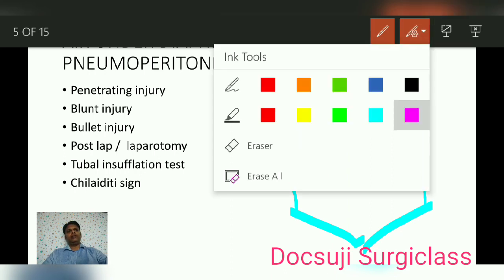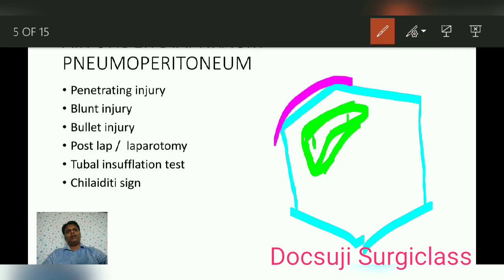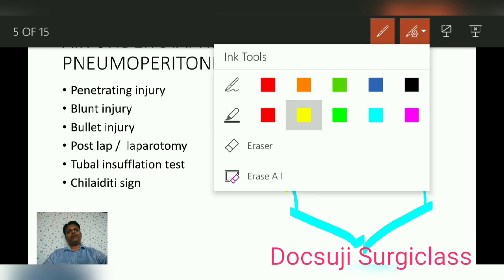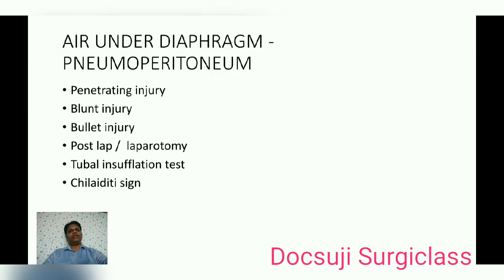Sometimes, if you get any colon, particularly the transverse colon, struck between the diaphragm and the liver, you will get an appearance of pneumoperitoneum, that is air under the diaphragm. This is a radiological illusion. This sign is called the Chilaiditi sign. But it is not a cause of pneumoperitoneum, so it is one of the differential diagnoses you can put.